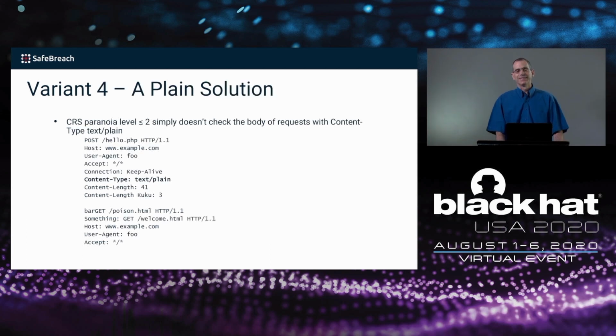And then we discovered a much more funny bypass, which is to use content length text plain. This one in paranoia levels 1 or 2 simply makes the Core Rule Set disregard the body entirely, and so we can get our HTTP request smuggling attack nicely through ModSecurity plus CRS.